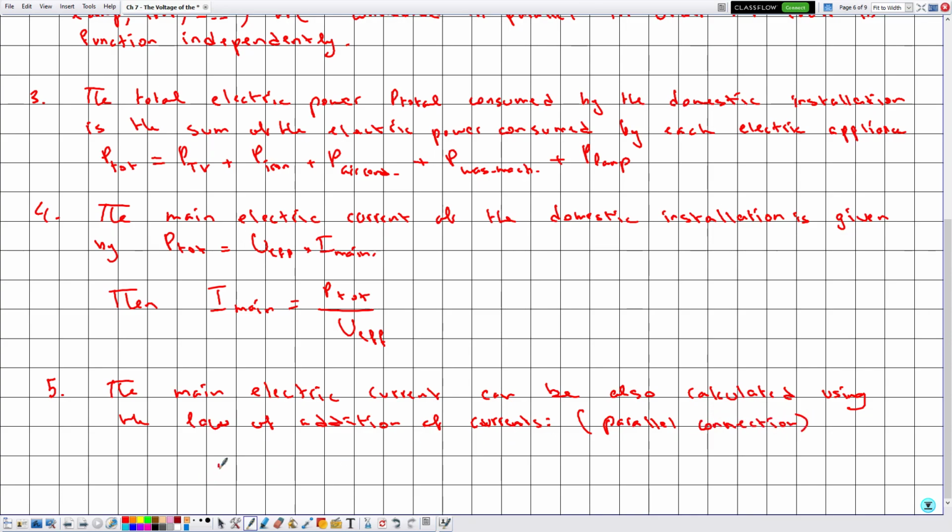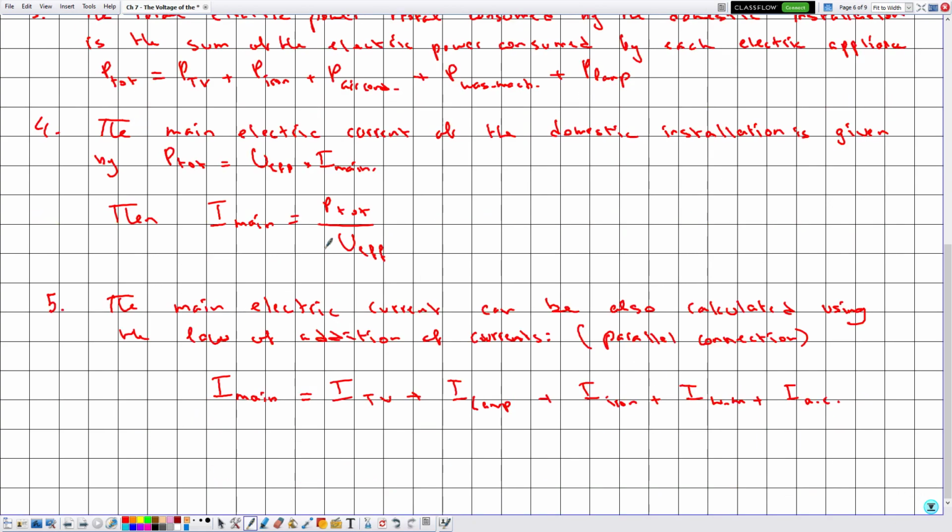In this case, I main is equal to I of the TV plus I of the lamp plus I of the iron plus I of the washing machine plus I of the air conditioner. So now we have two different ways to calculate the main electric current traversing a domestic installation, either using this formula or using this formula.